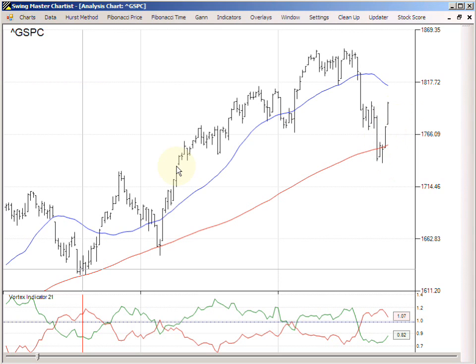So we're operating under the assumption that this is a wave 2, which is a counter trend move, and that the next move down will be even more substantial than the January 15th to February 5th downswing. Of course, that remains to be seen, but that's the assumption we're going to operate under. So basically we're waiting for a short trade setup.